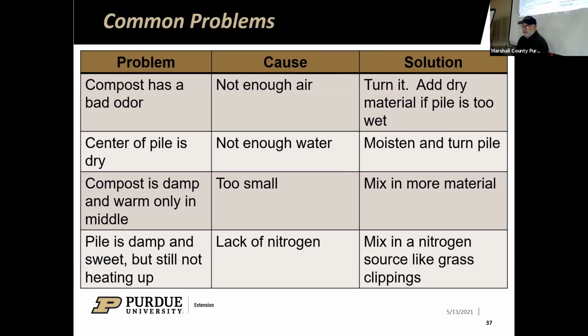The other situation could be that we actually have too much nitrogen, and that'll put out an odor as well. So a good compost pile should be heating up, not have a lot of odor to it. And we just need to remember to turn it occasionally to move what's on the edges to the center so the heat can take out the problems in that as well.